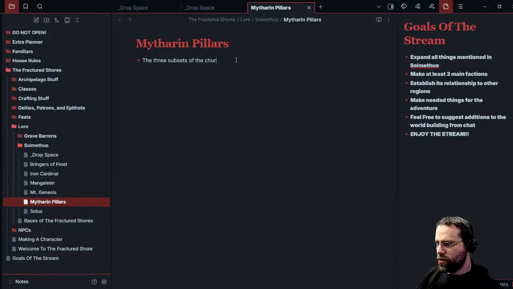The church acts in its best interests, but its best interests in very separate ways.